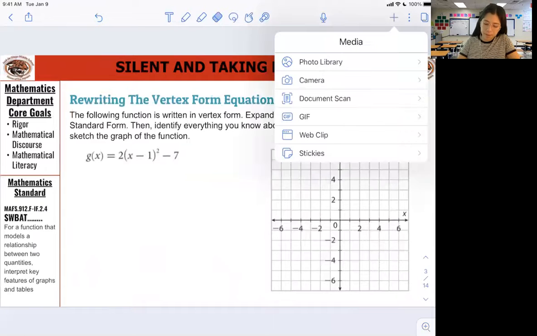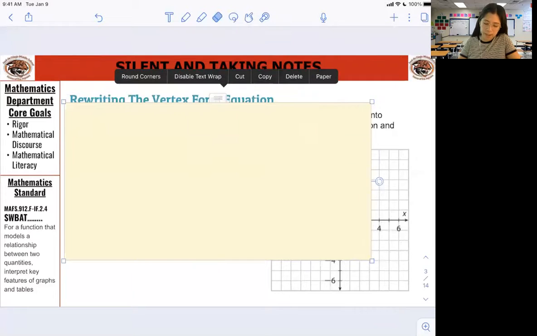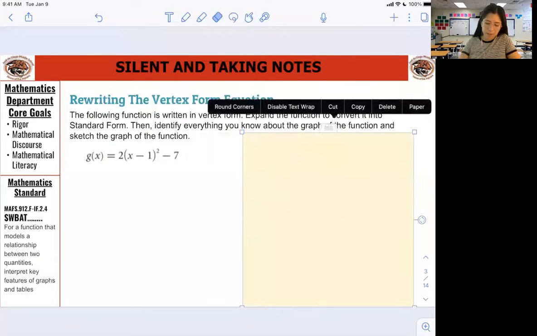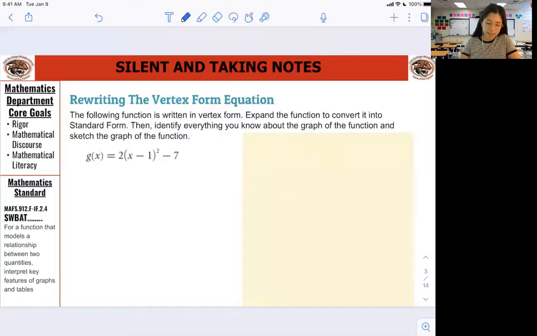Those of you who enjoyed what we were doing last week with foiling, polynomials, adding polynomials and combining like terms, you're going to like this because we're going to do that again. So how to go from vertex form to standard form. Step 1, we're going to FOIL the binomial.